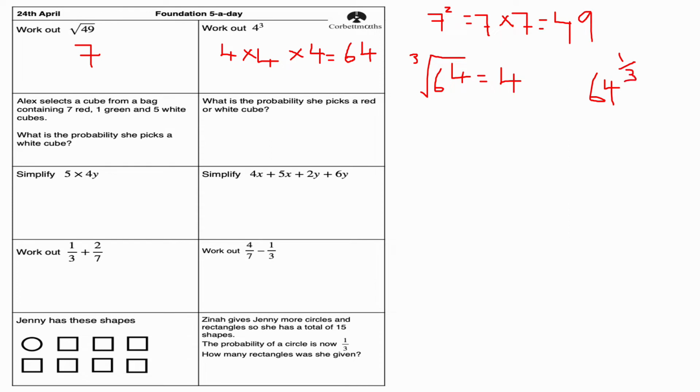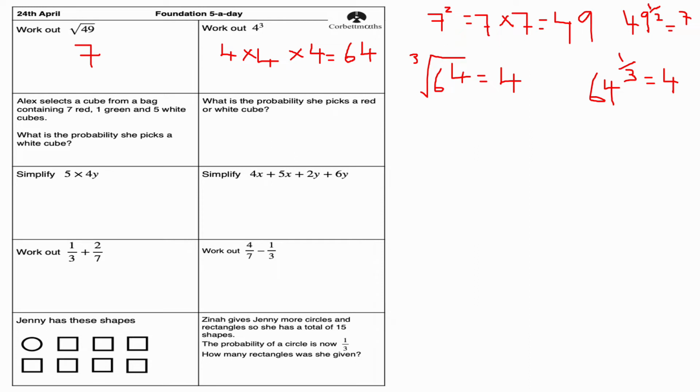Similarly, on a higher tier paper, 49 to the power of a half just means the square root, which would just be 7. So this is some slightly more difficult notation for those of you doing the higher tier.